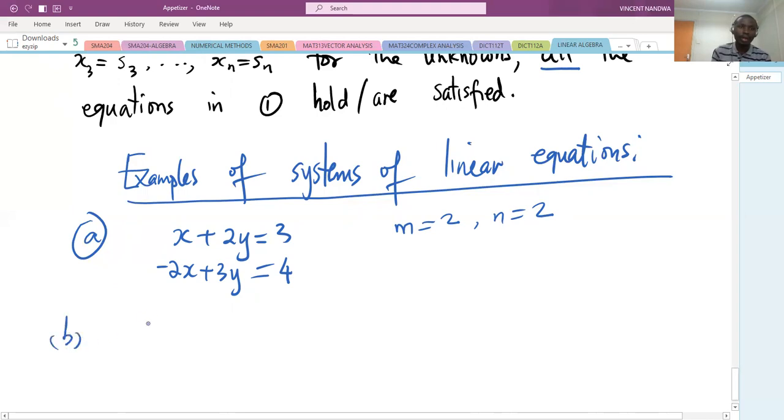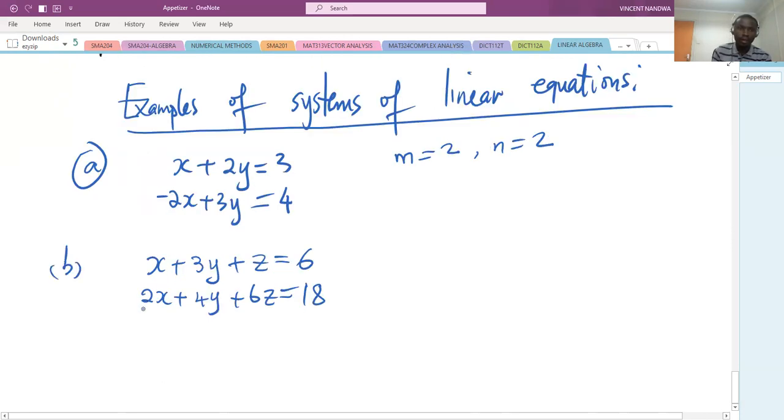And then another example, we can have x plus 3y plus z equals to 6. And then say 2x plus 4y plus 6z equals to 18. And then 4x minus y plus 6z equals to 19. So here there are three unknowns and three equations. So m is 3, n is also 3.